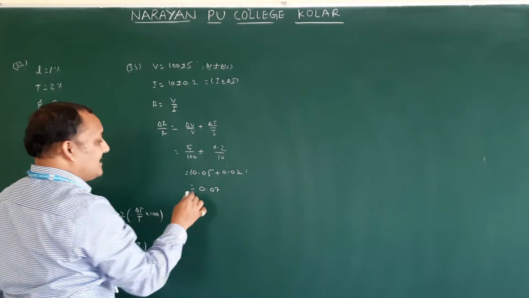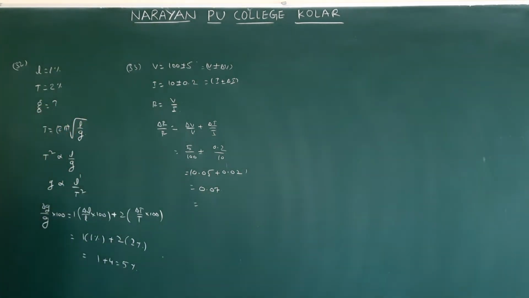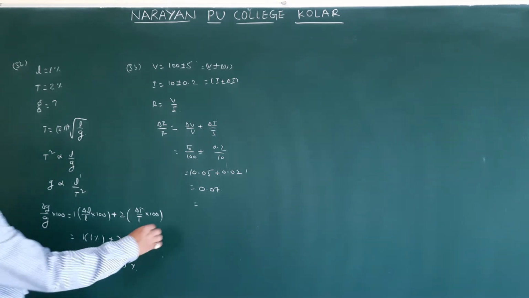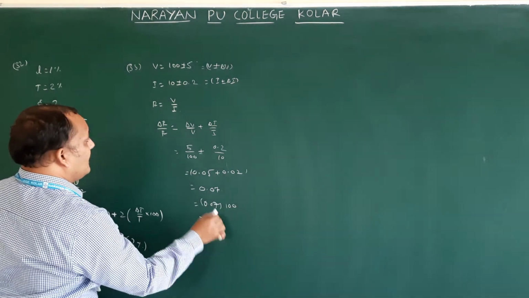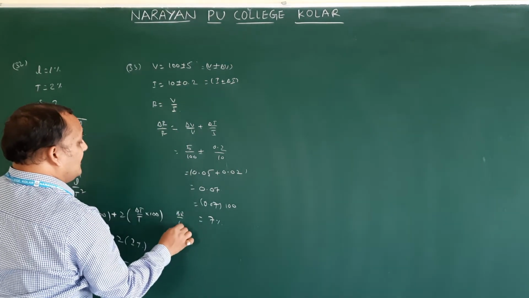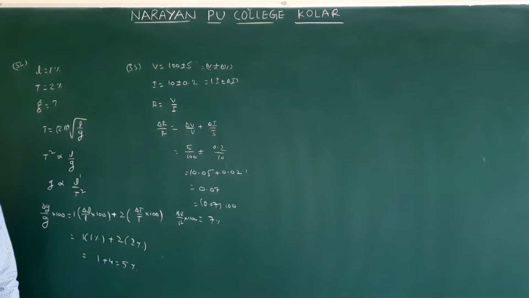So percentage error means 0.07 into 100, which is 7%. Because in the options they give percentages, therefore we should multiply with 100.